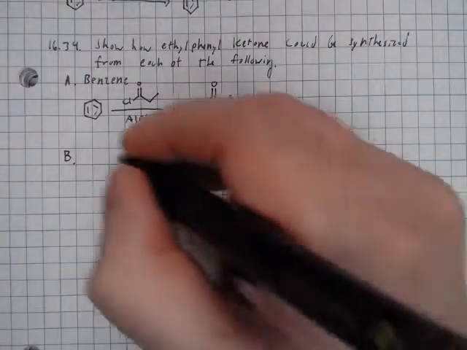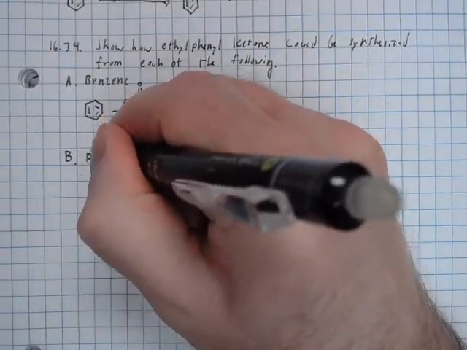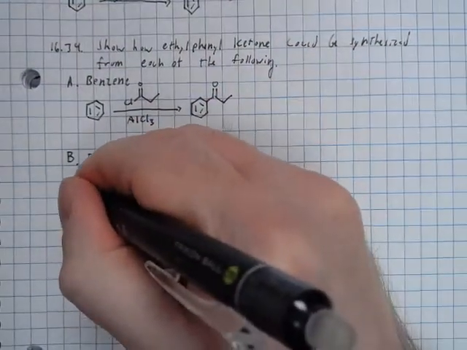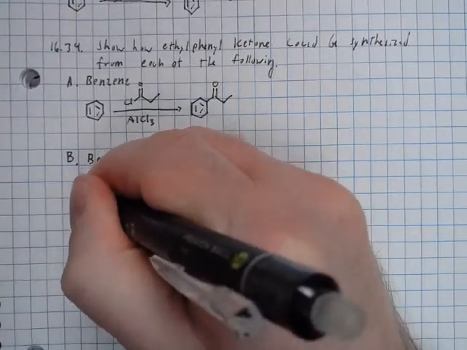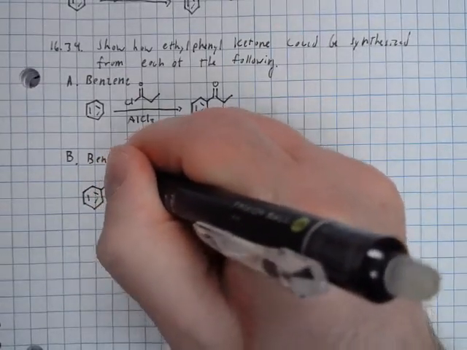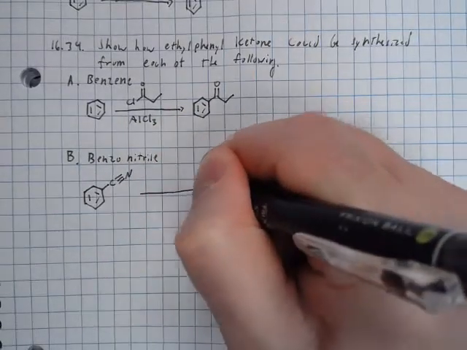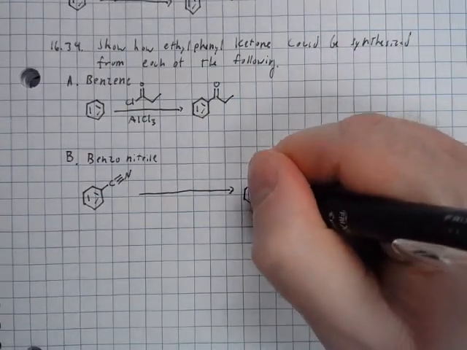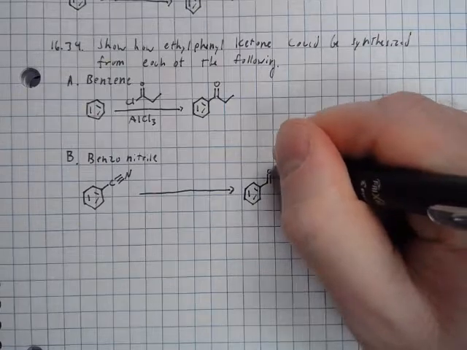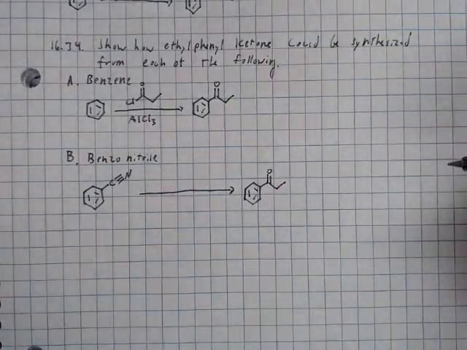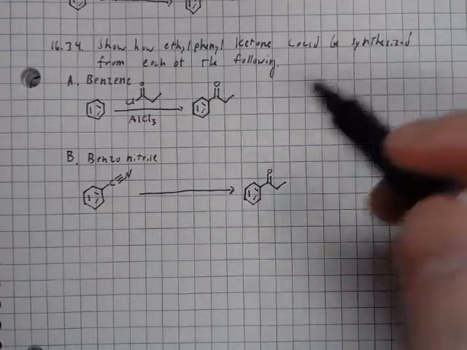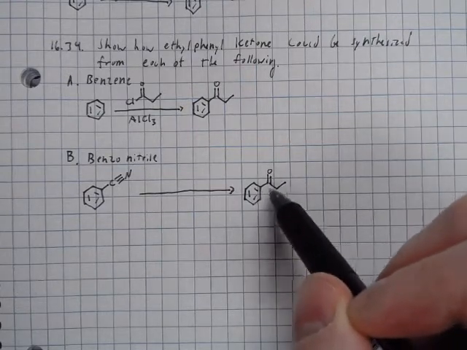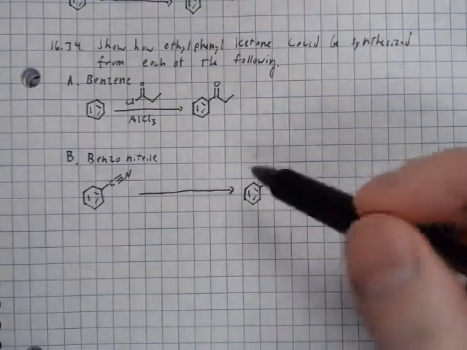So part B is a benzonitrile. These nitriles can actually react with Grignard reagents to produce ketones, or produce a carbonyl instead of an alcohol.